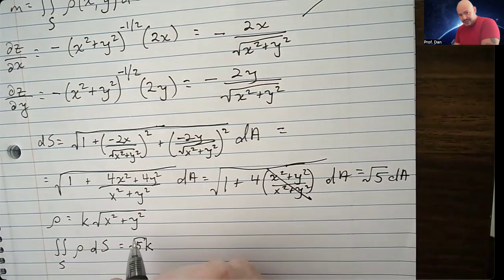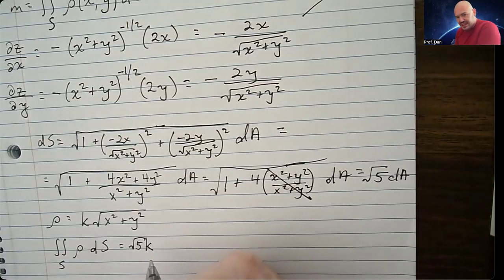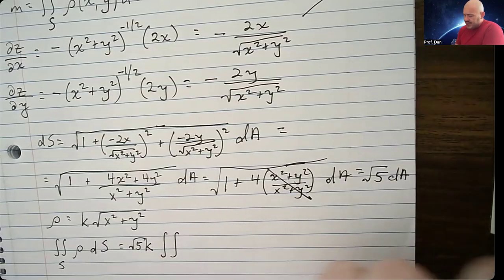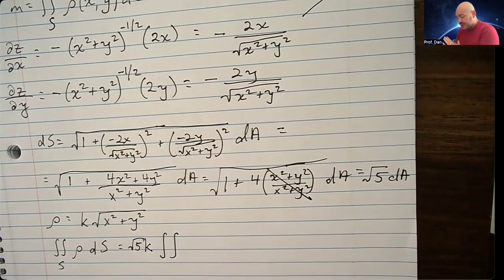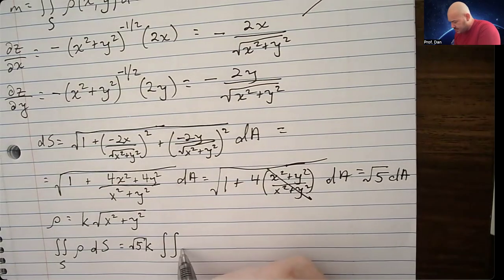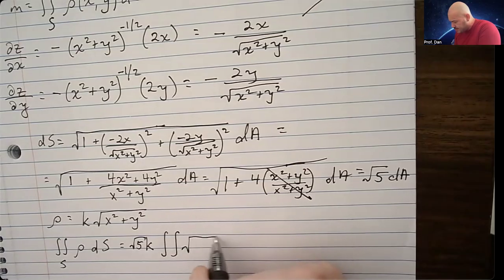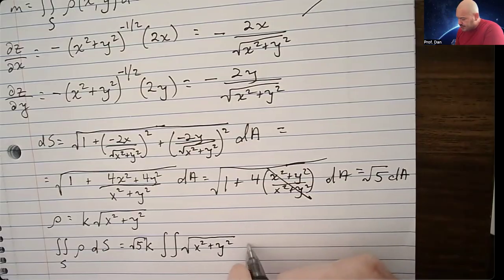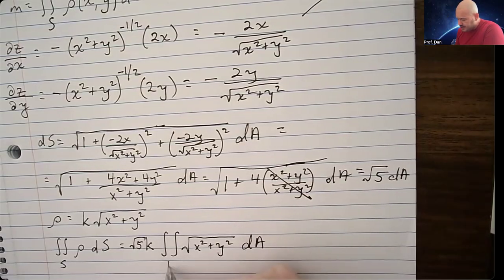Just be careful to end your square root before it starts to go over the k. Then we're going to take a double integral of the square root of x squared plus y squared dA, over region R.